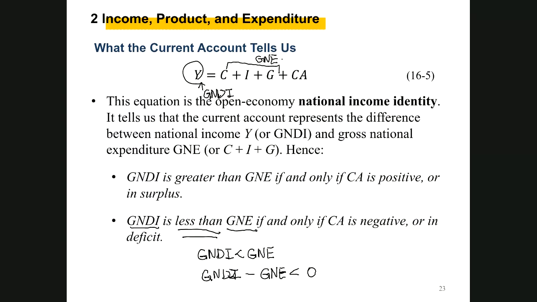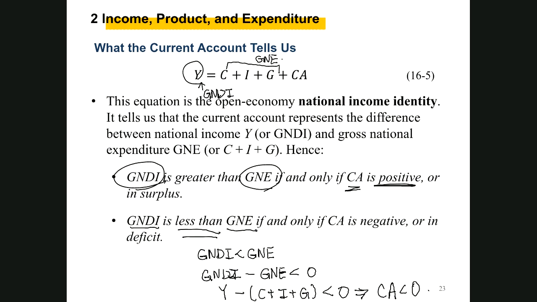Expand it out: Y minus C plus I plus G smaller than zero. This implies current account smaller than zero.